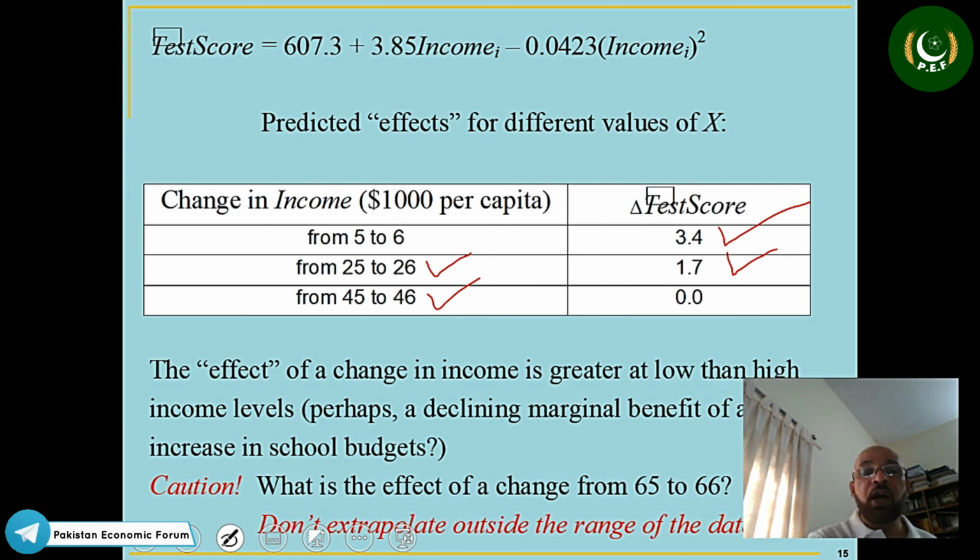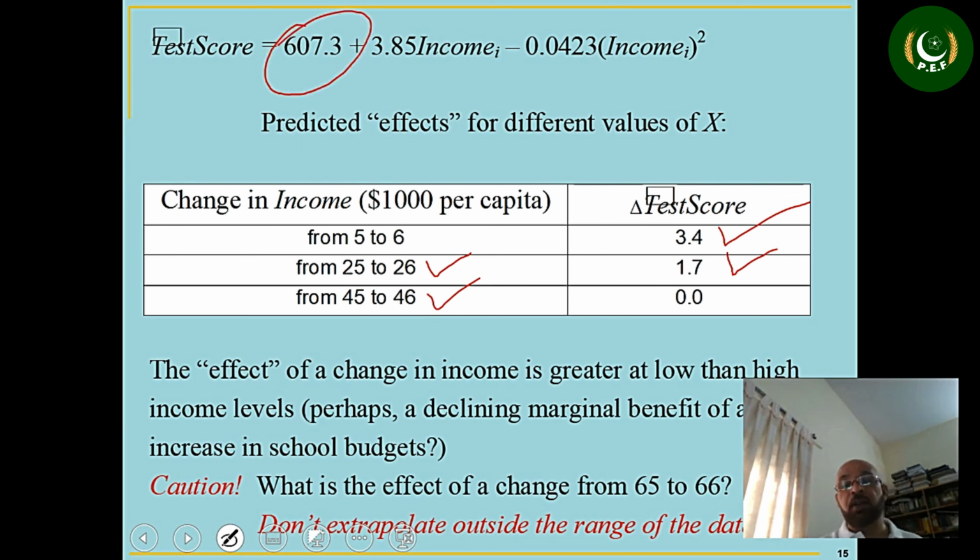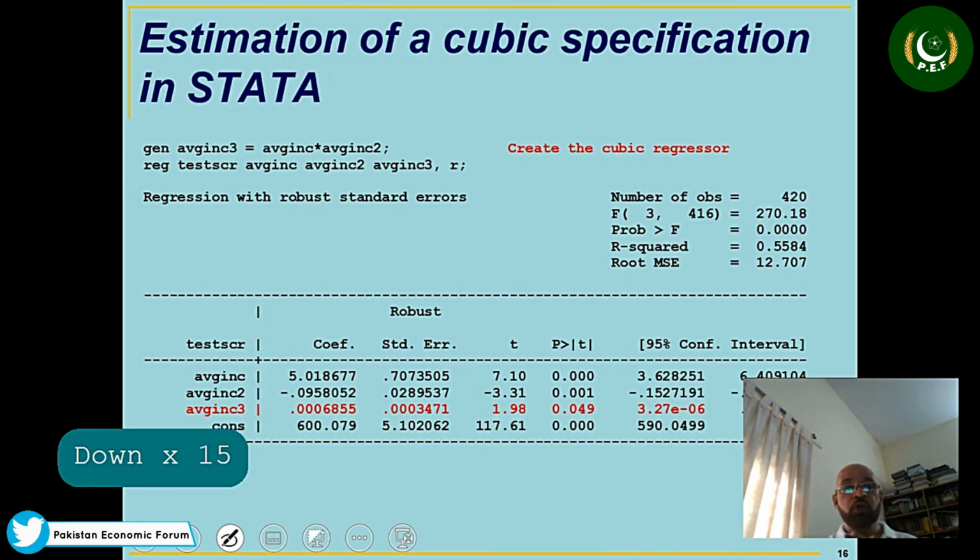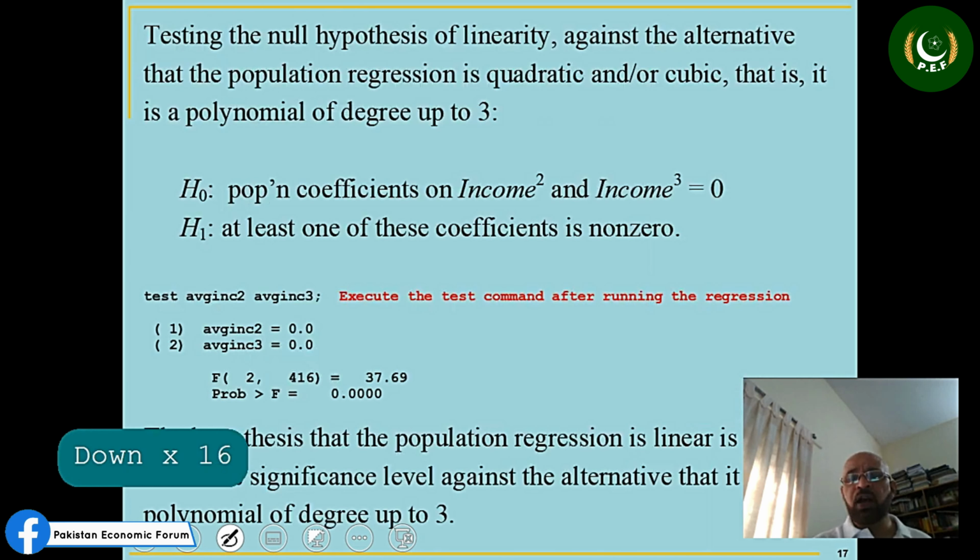That's why we also do not interpret the intercept, because we don't have people who have income 0. So therefore we don't interpret what is the test score when income is 0. So don't interpret beyond your data's range.